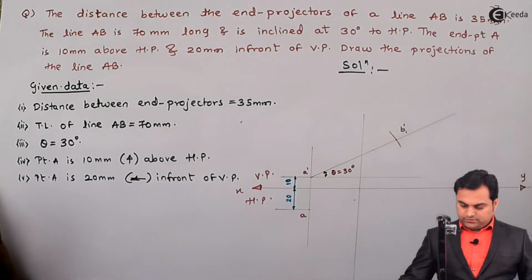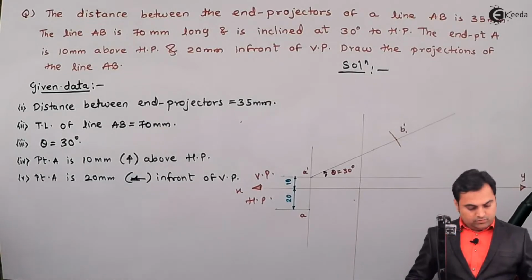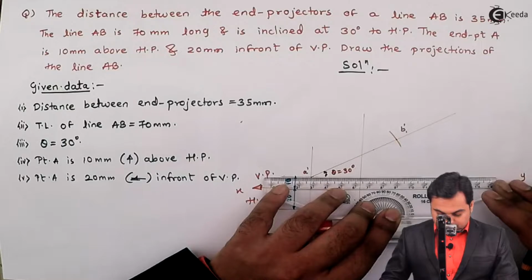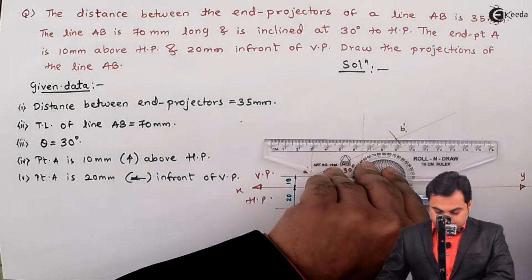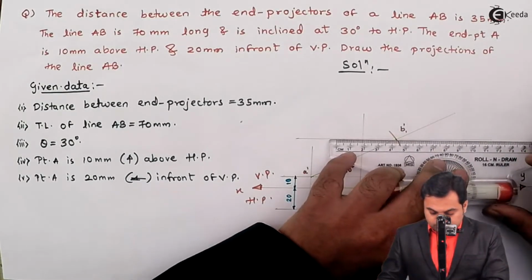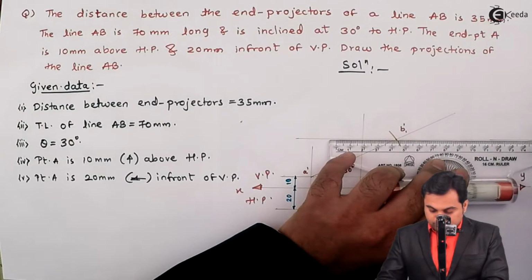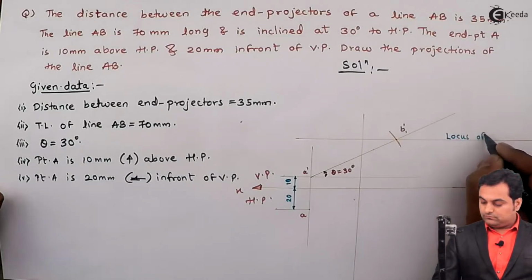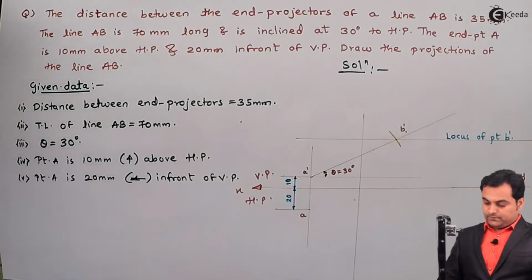Next, this true length, now I'll draw a horizontal line through point B1 dash. Locus of point B dash.